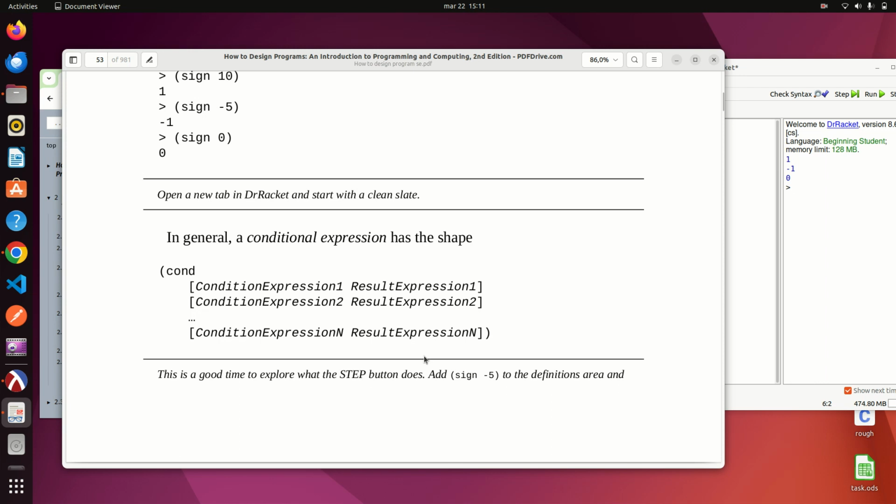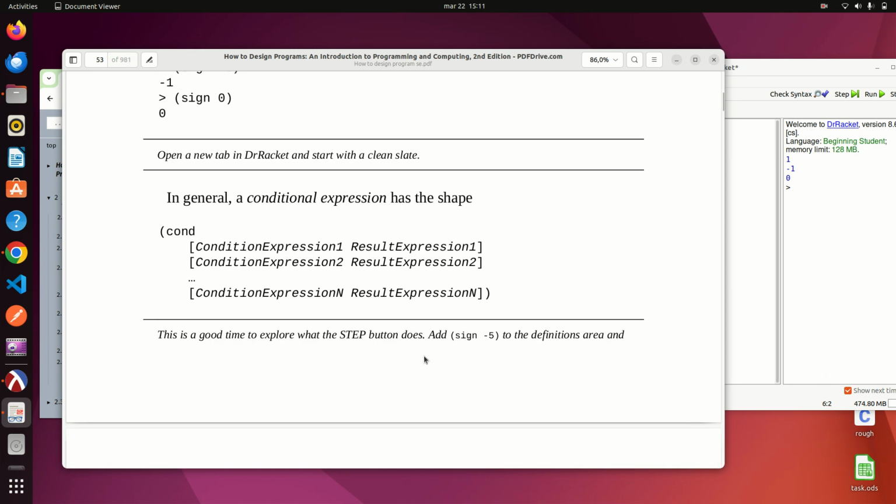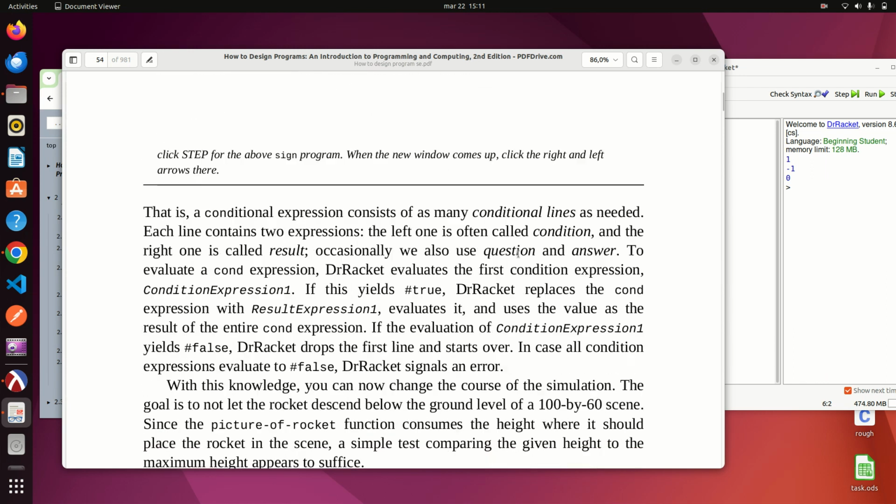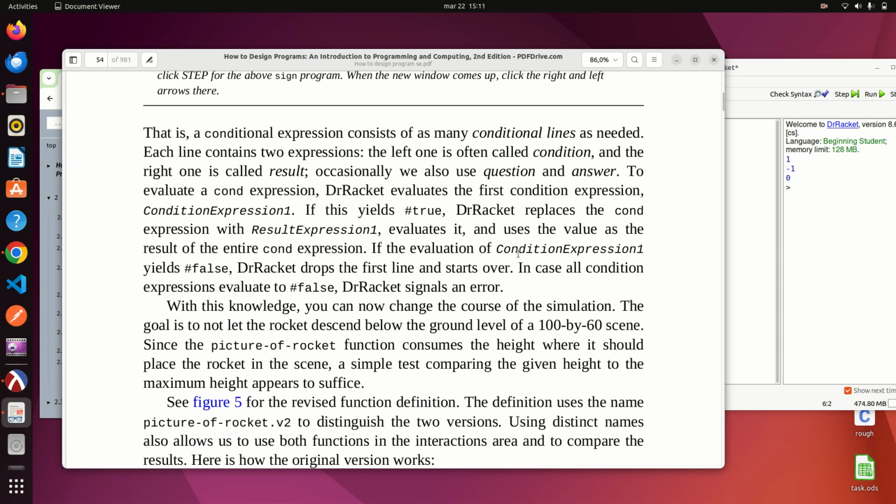In general, conditional expressions have this form. I would usually copy and paste the syntax, but I'm not doing it now. A conditional expression consists of as many conditional lines as needed. Each line contains two expressions. The left one is often called the condition, and the right one is called the result.